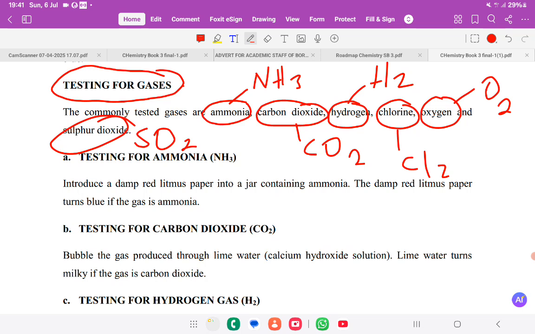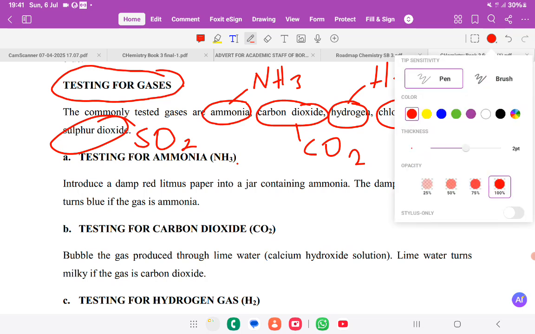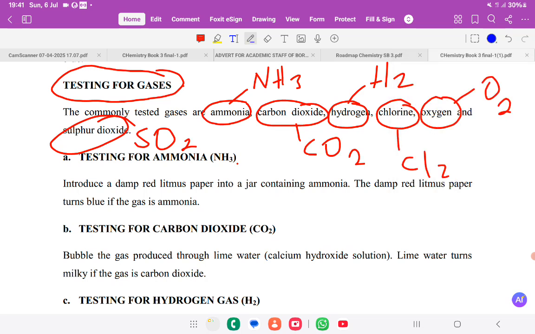Alright, so for each of these gases, you are required to carry out a simple test, a simple experiment to detect their presence. In most cases, these gases come from chemical reactions. Some chemical reactions will produce carbon dioxide.